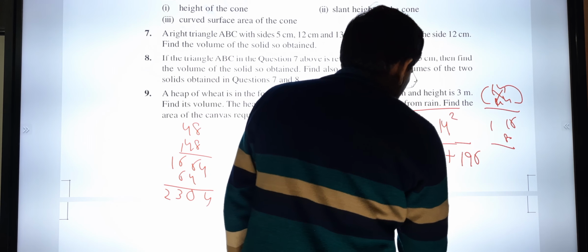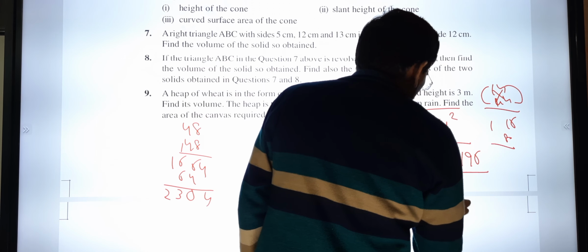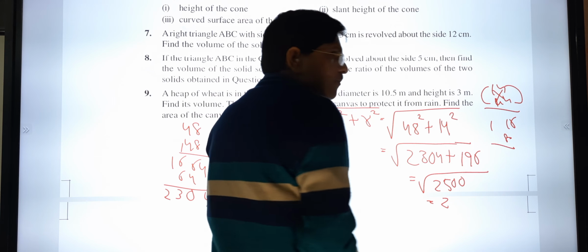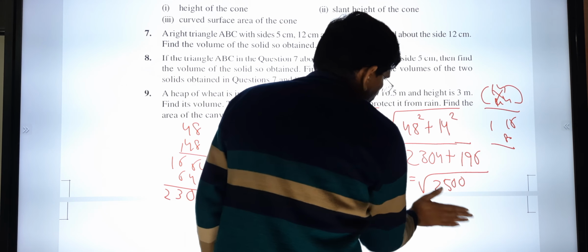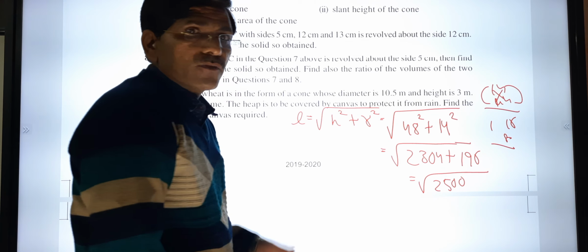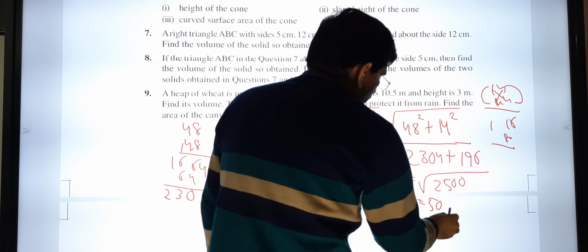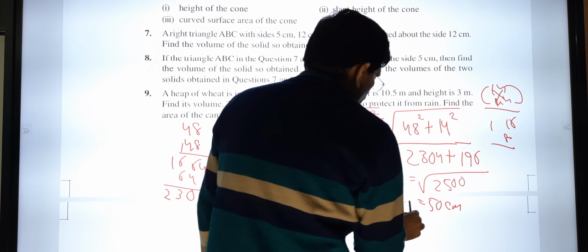So 196 plus 2304, that is 2500. The square root of 2500 is 50. So that is L is equal to 50 centimeter.